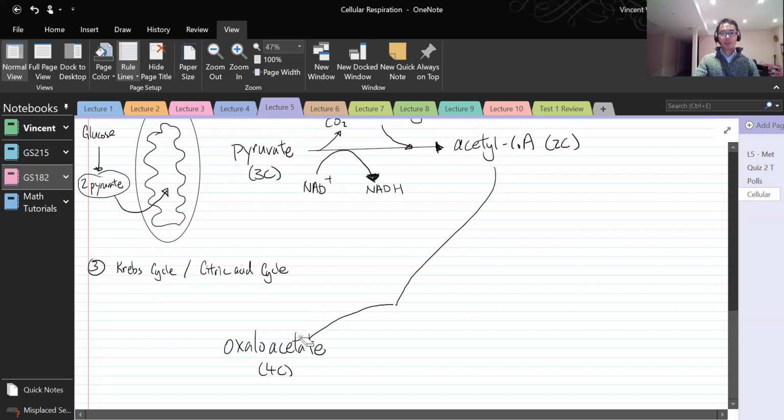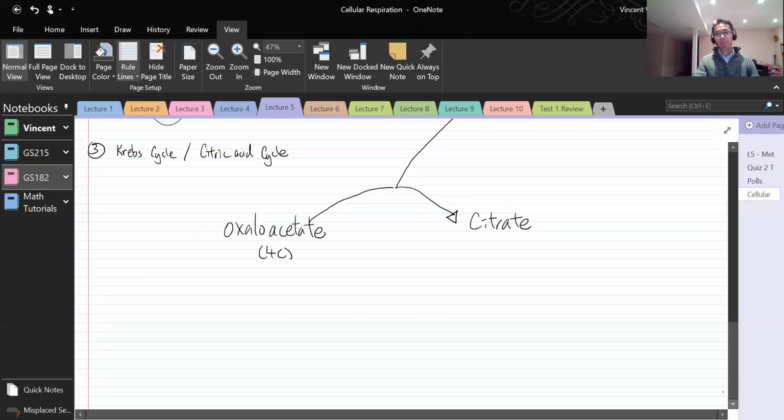So 2 carbons plus 4 carbons gives you 6 carbons. The first product you will get in the Krebs cycle is citrate. Again, citric acid and citrate are similar. We don't really have to know the difference. For those of you who want to know, if you remove a hydrogen from citric acid, it becomes citrate. Both are the same for us.